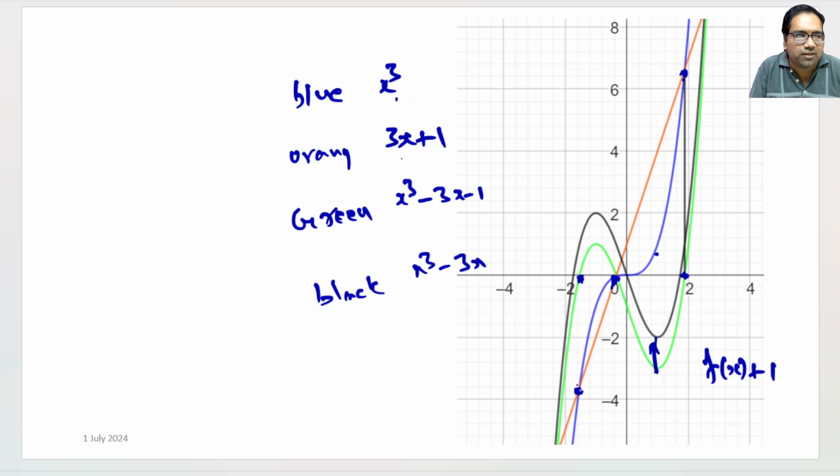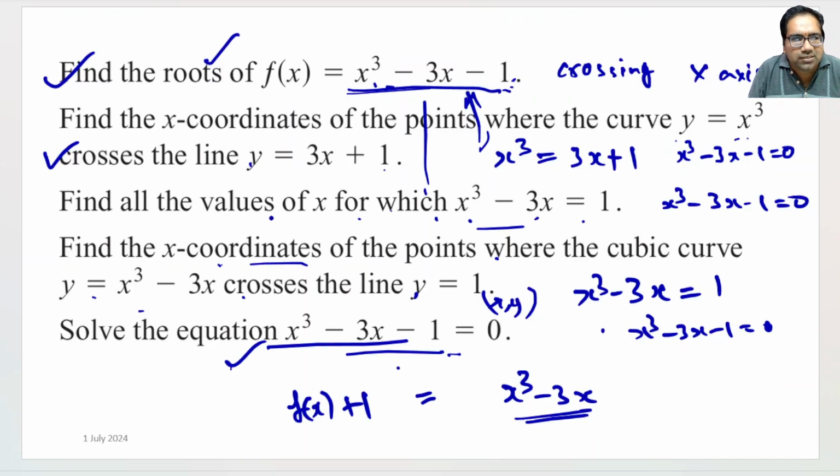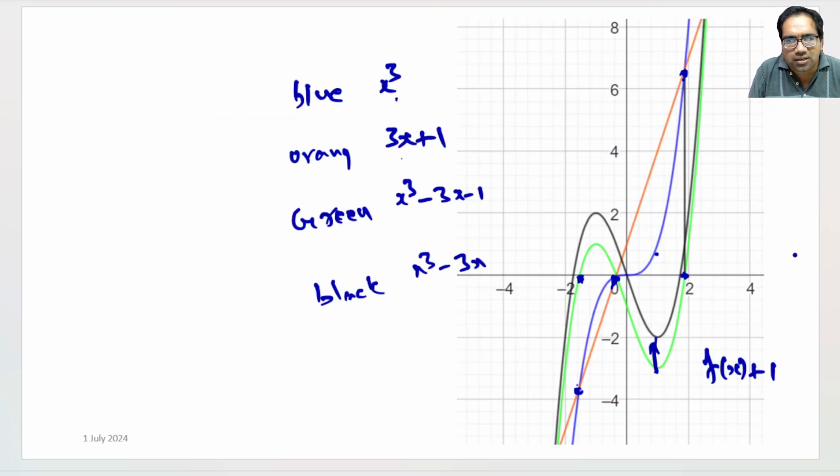This black graph. Now what we are saying is, find out where x cube minus 3x is equal to 1. When is this 1? Those are all the values. Right. So clearly this is 1 point. That is this root. And here again it is 1. That is this point. And here again it is 1. That is this point.